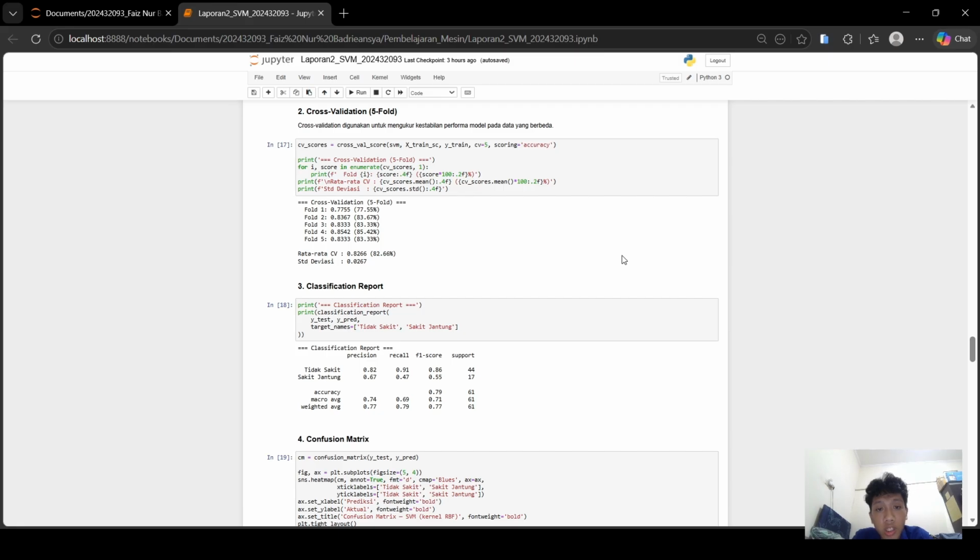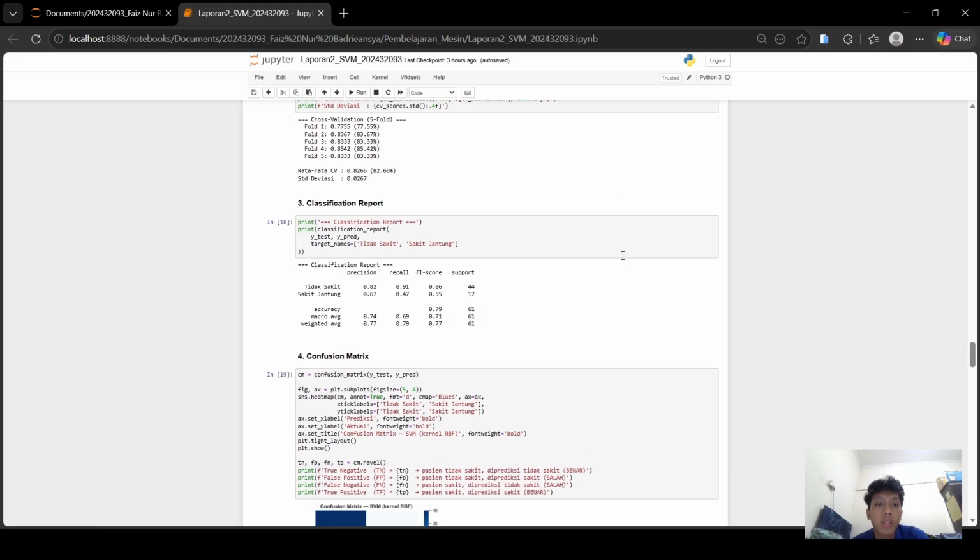First is 77%, and 83%, and 80%, and 85%, and 83%, with an average of 82% and a standard deviation of 2%. And then the classification report.